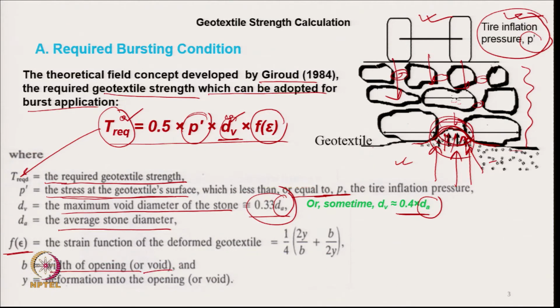So, this is the width of void b and the deformation into opening, this is the y. If we know this b and y, we can calculate the strain function. So, from this we can get the value of the required strength during bursting condition.